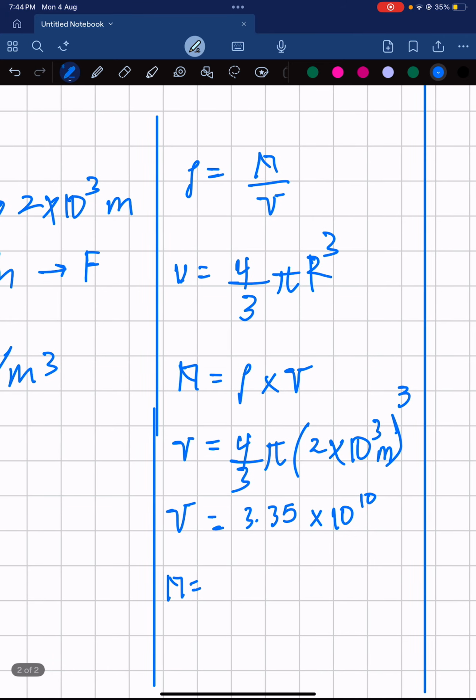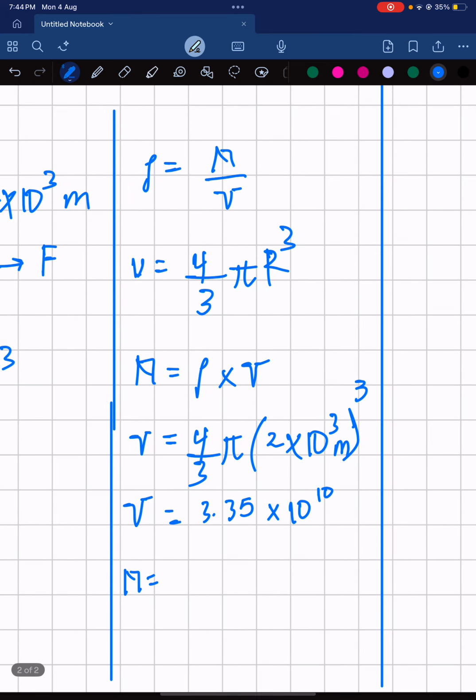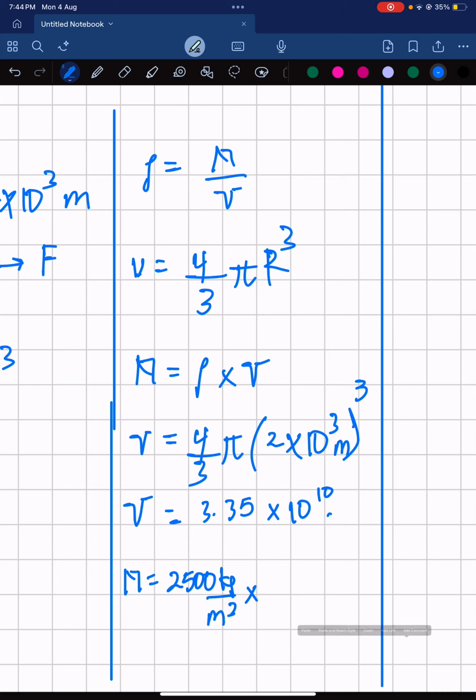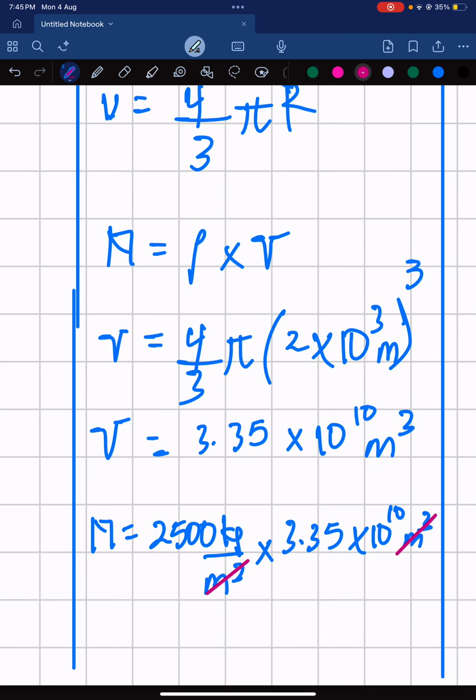So the density is 2,500 kilogram over meter cube times the volume. So the meter cube will be cancelled by this, and kilogram is left.